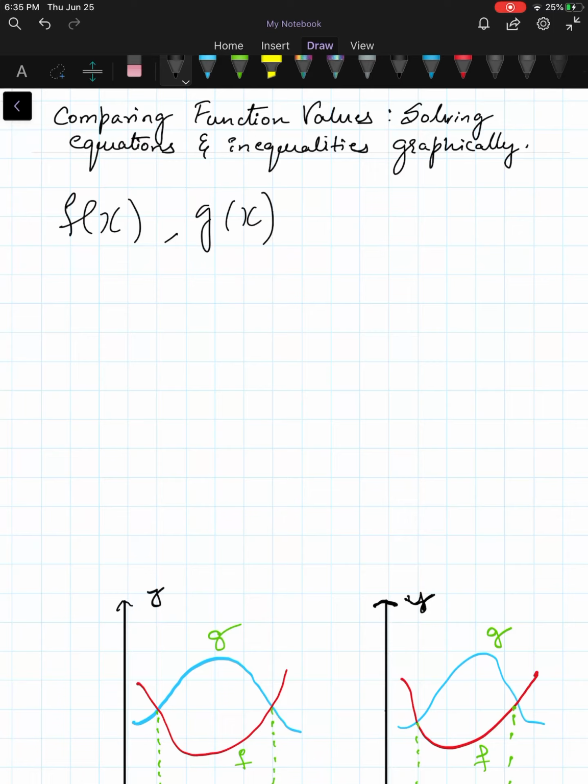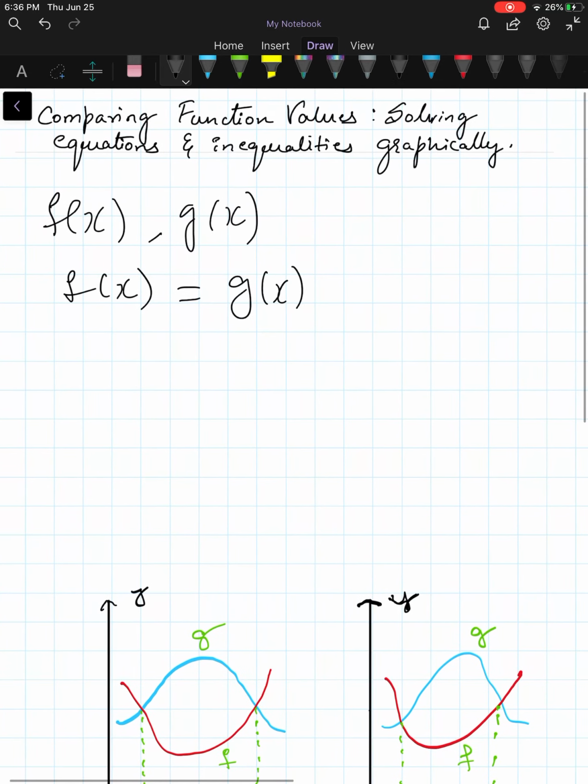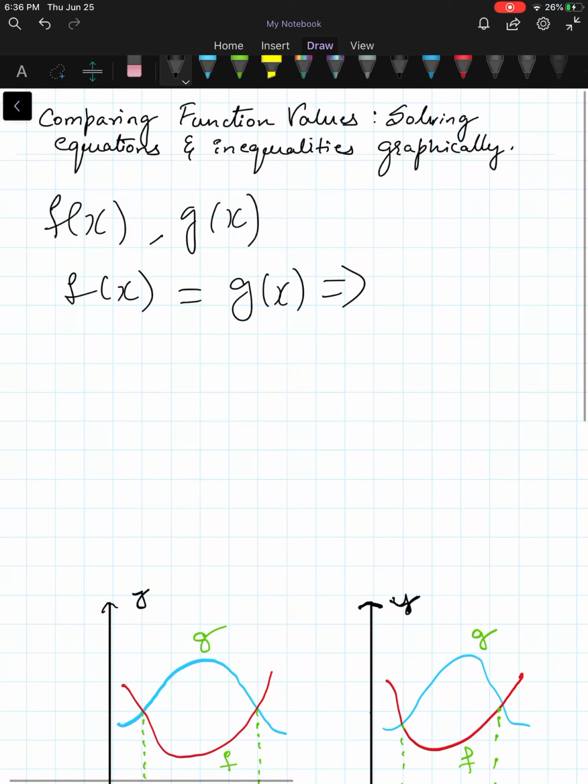So if the graphs of f of x and g of x intersect, it means their values are equal. If the graphs intersect at some input value x, they both have the same functional value.